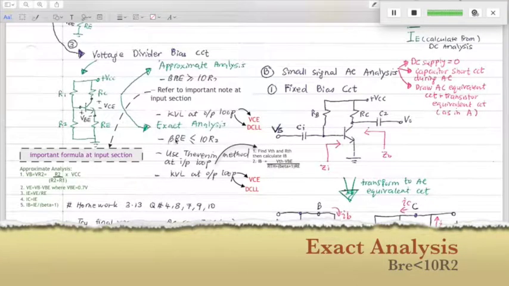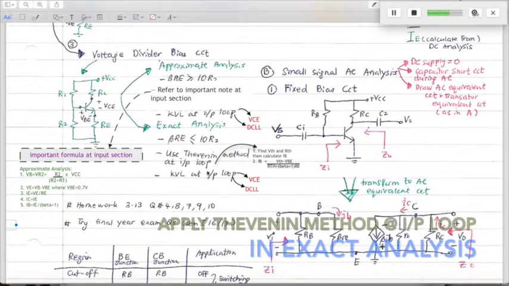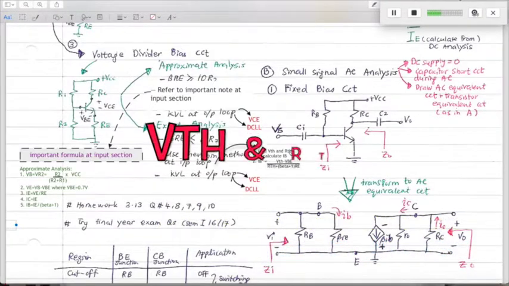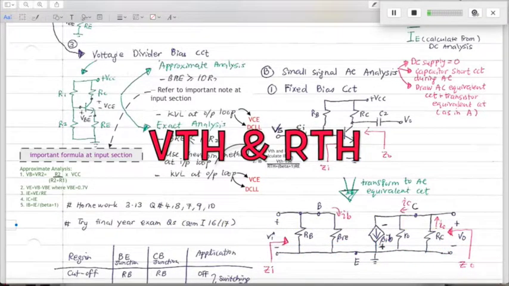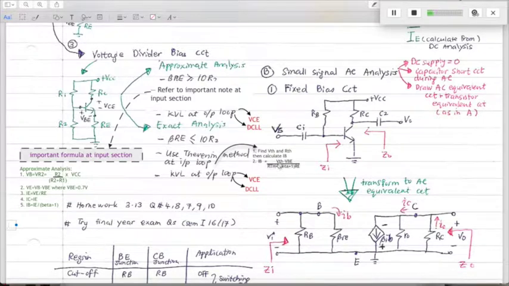For exact analysis, beta RE must be less than 10 R2. Use the Thevenin method at the input loop. You need to find VTH and RTH in order to calculate IB. The IB formula is VTH minus VBE over RTH plus beta plus 1 times RE. How I get this formula is via KVL.